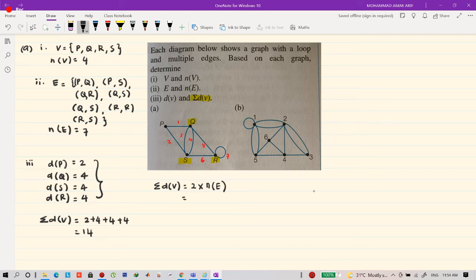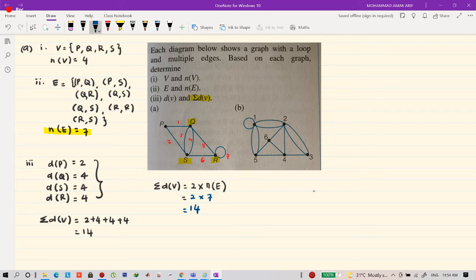So kita dah tahu numbers of edges kita adalah 7. This is our numbers of edges. So 14 is equals to 2 times 7, and your answer is 14.